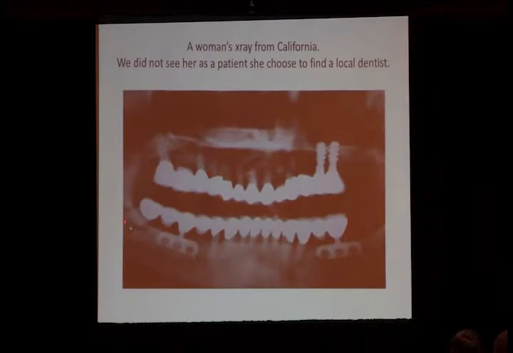Here's infection all around this tooth. And of course, as you can see, every meridian in the whole mouth and tooth relationship was being affected. So she finally got all the teeth out, and upper and lower denture, and made a nice improvement.